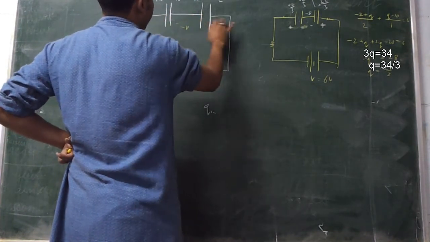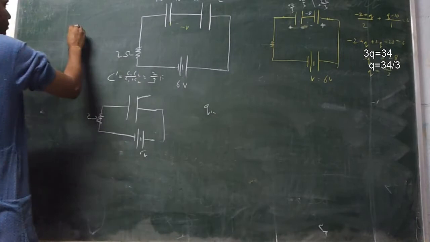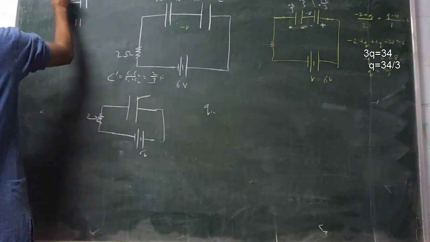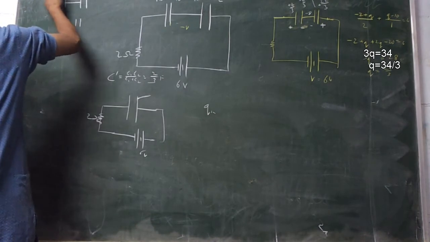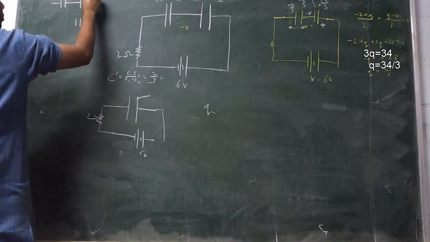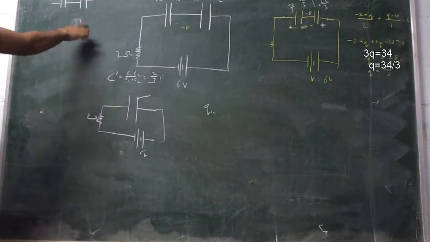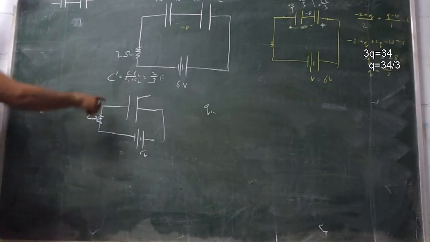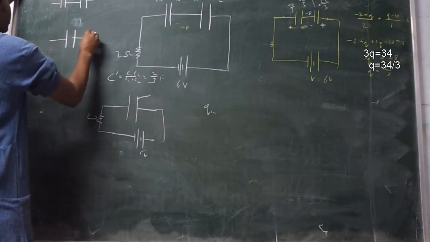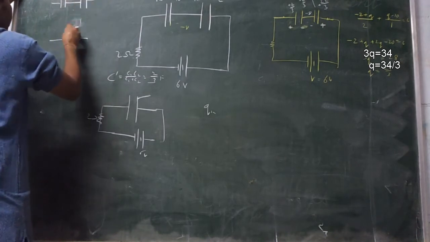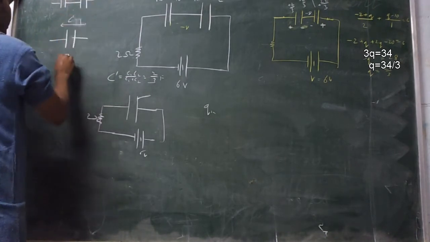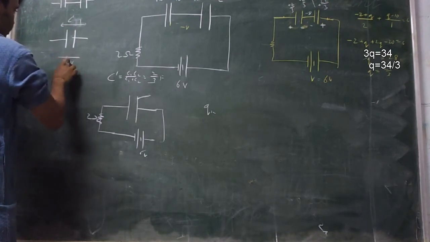So total voltage is 11 across the 2 capacitors, this is plus, minus. So initially if I consider both the capacitors as one capacitor, the voltage difference across the single capacitor of C dash value has to be 11 volts.